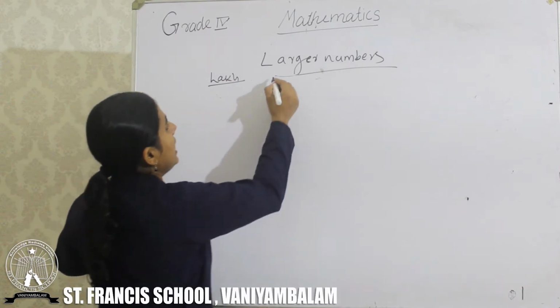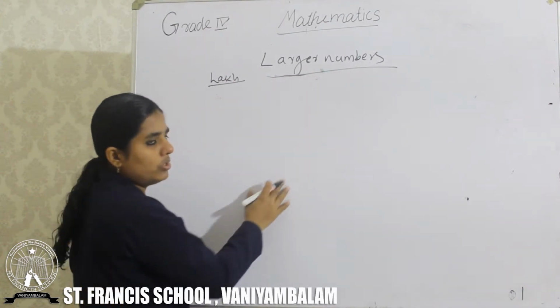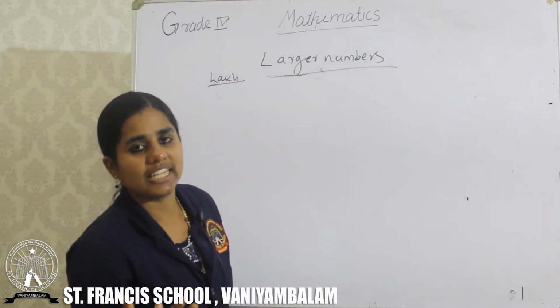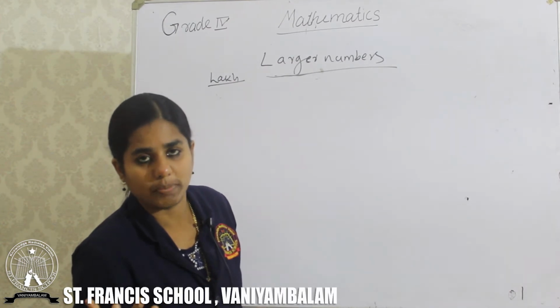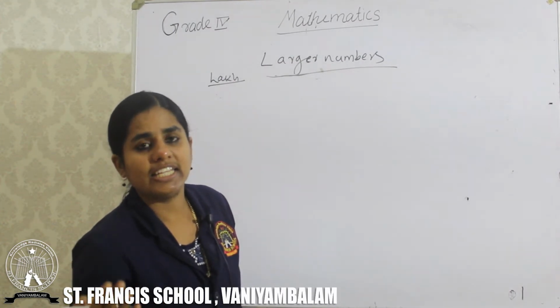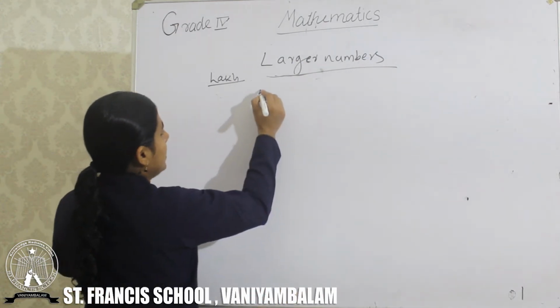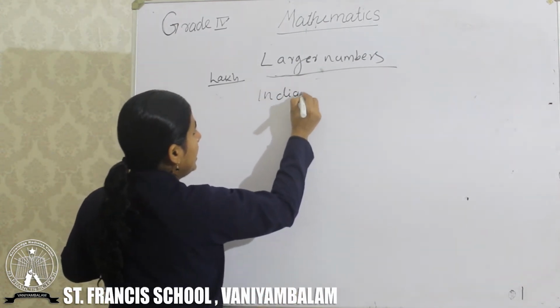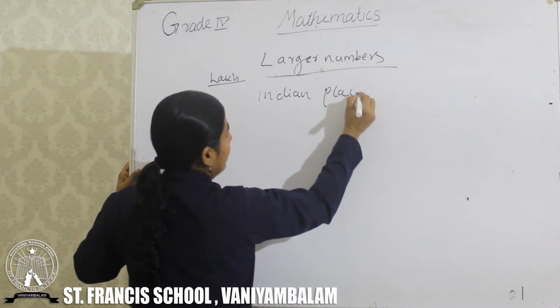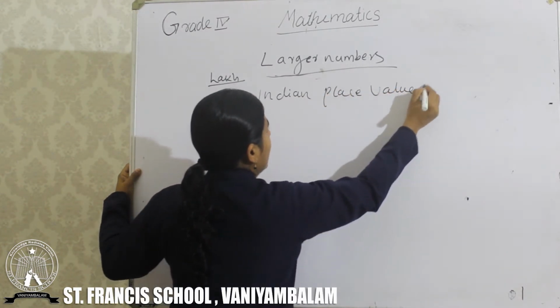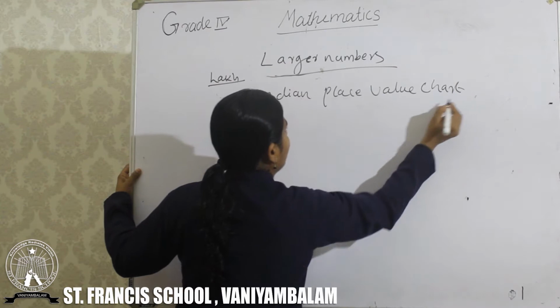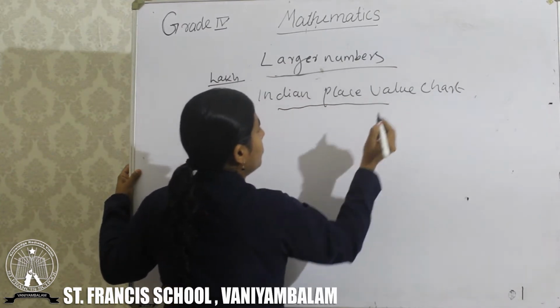How to read large numbers in the Indian place value chart?